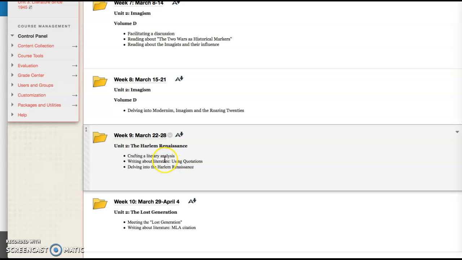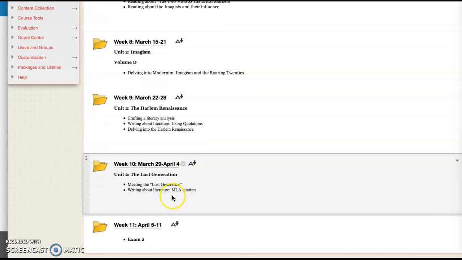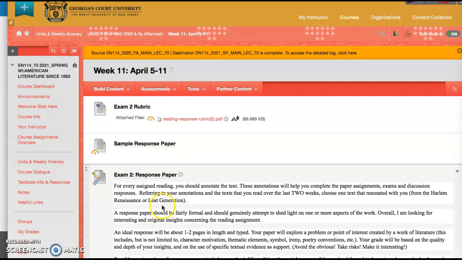So what I would like you to do for the assessment, very similar to Unit 1's assessment, where you had to write a constructive response. Your exam for Unit 2 is very similar in that you are writing a paper and you are just going to respond to one text that you read over the last few weeks.